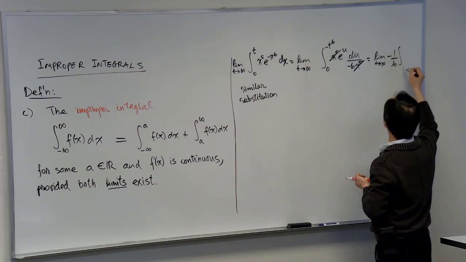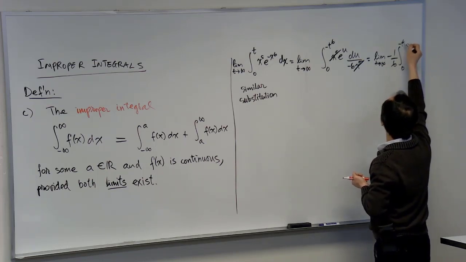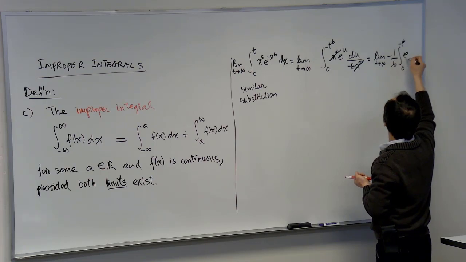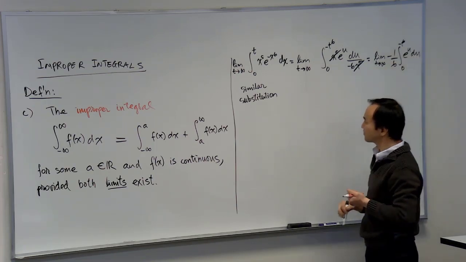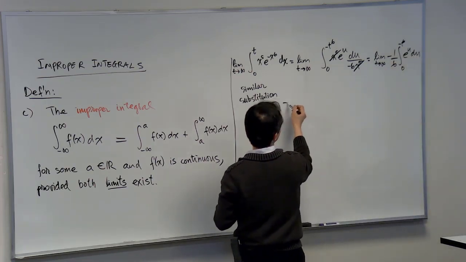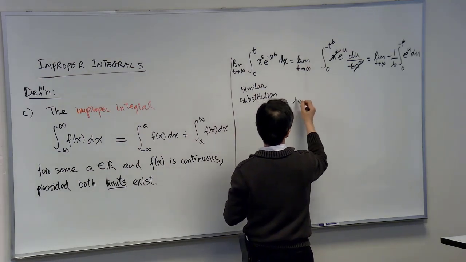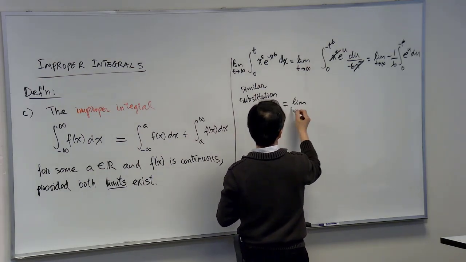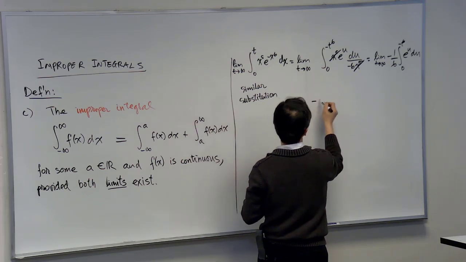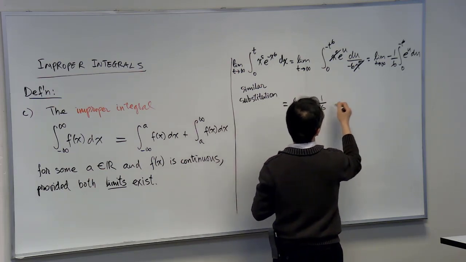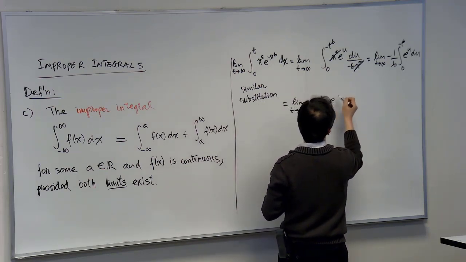The integral will go from 0 to minus t to the 6, e to the u. So the integral becomes the limit problem, t to infinity, minus 1/6, and u.